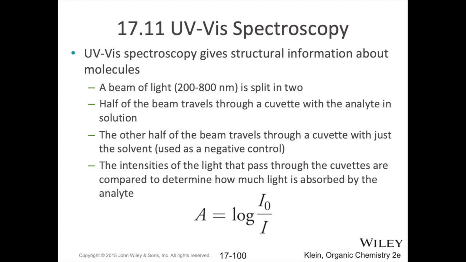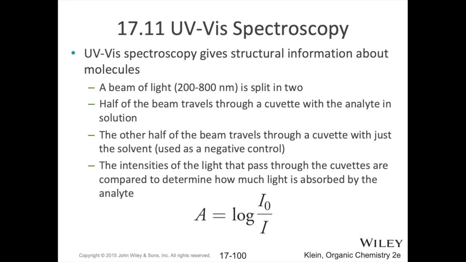By comparing the intensities of the beam going through your control, with just solvent, to the beam that's gone through your sample, the thing you're analyzing, and taking the log of that, we get a value for A, for absorbance.